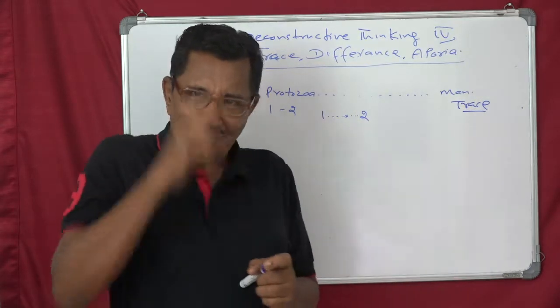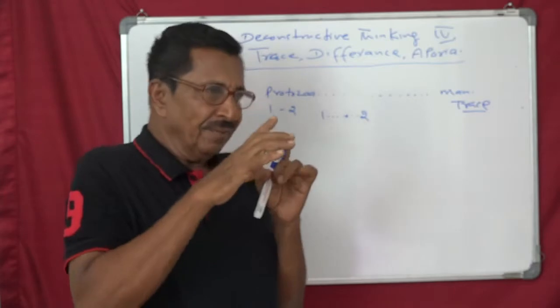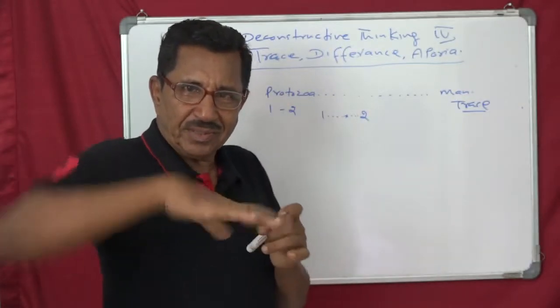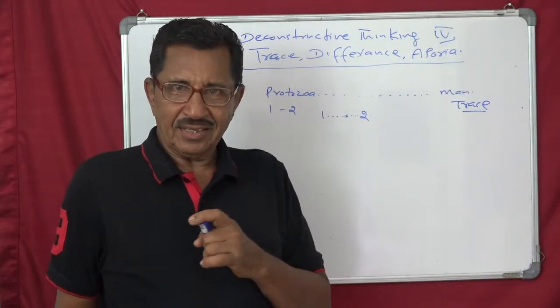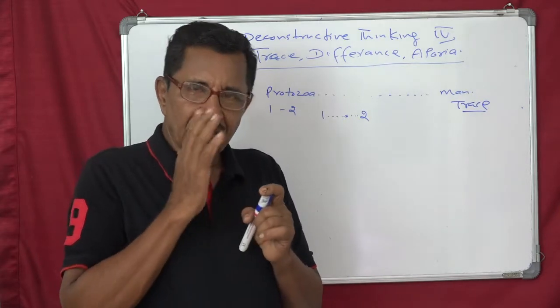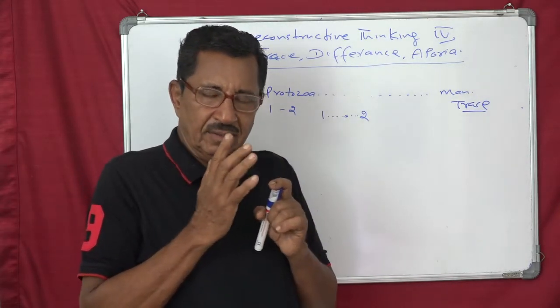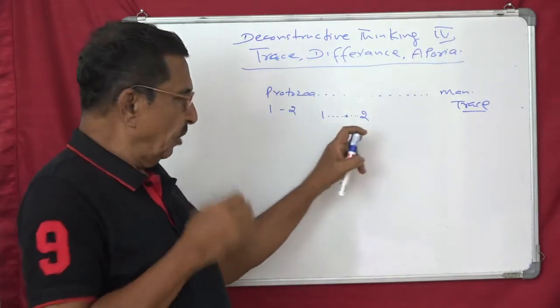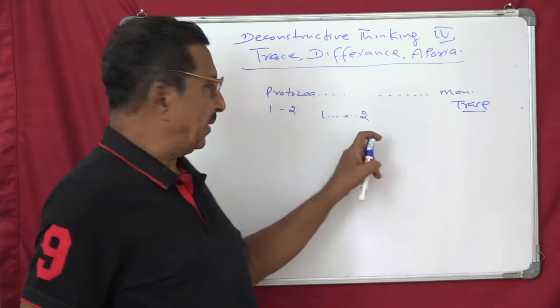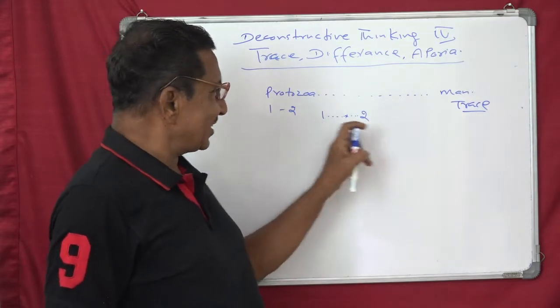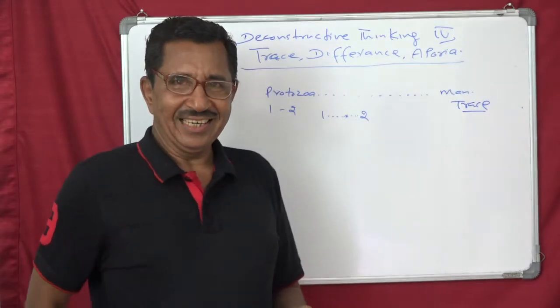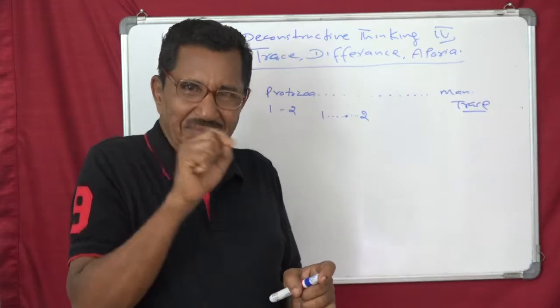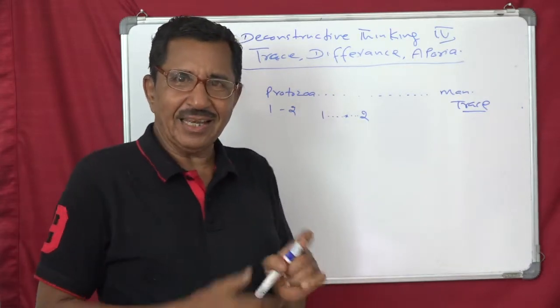You don't say 1, 2 like that. Between 1 and 2 there is a space. Understand? So when you say 1, there is presence of 2 here. When you say 2, there is presence of 1 here. That small element common to both, that is the trace.